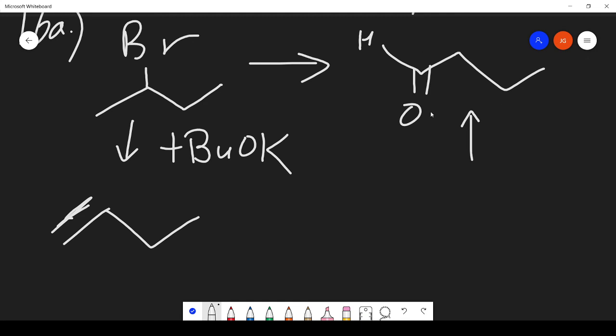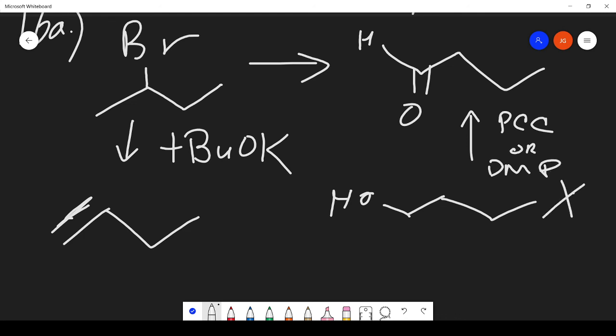What kind of intermediate before this would be most favorable? And, well, an alcohol would be nice. The reason for that being, we can just oxidize this alcohol into its aldehyde, and we can use PCC or DMP.